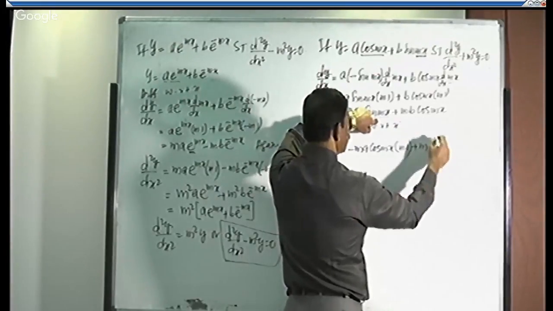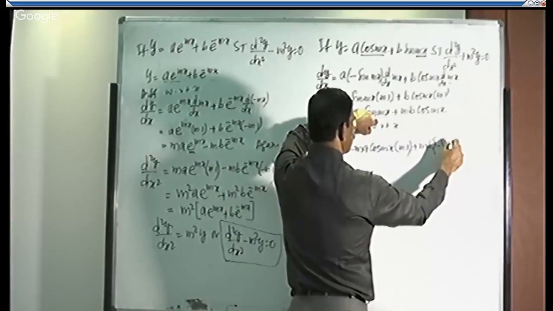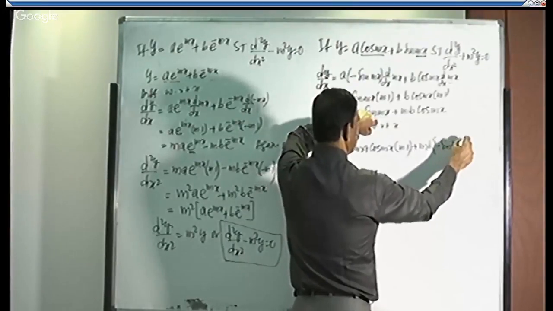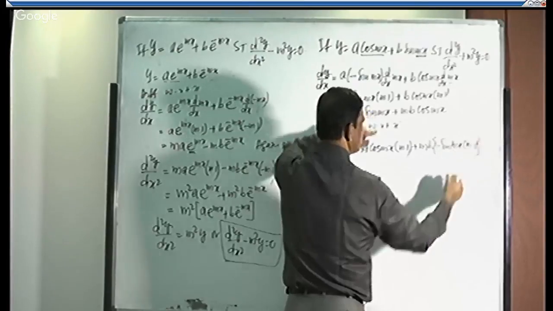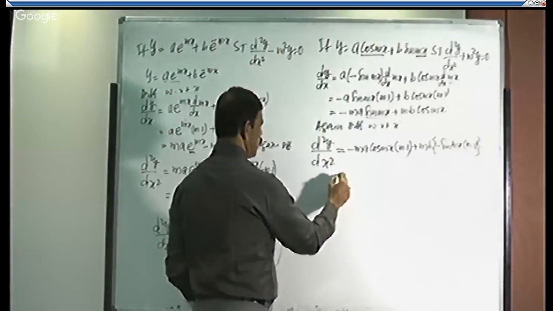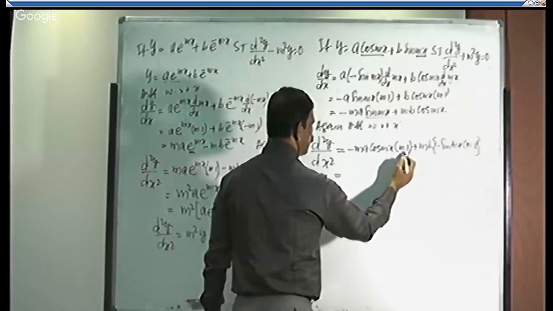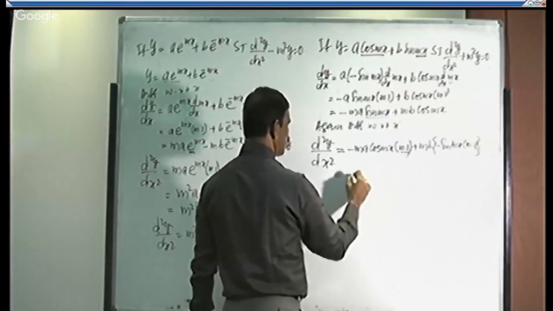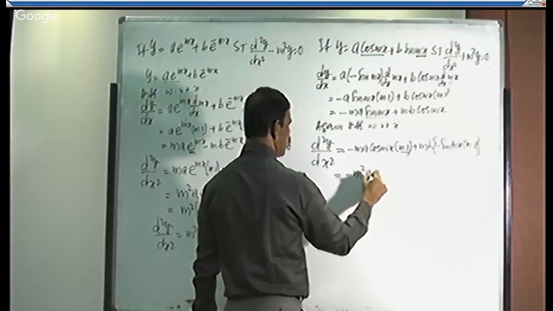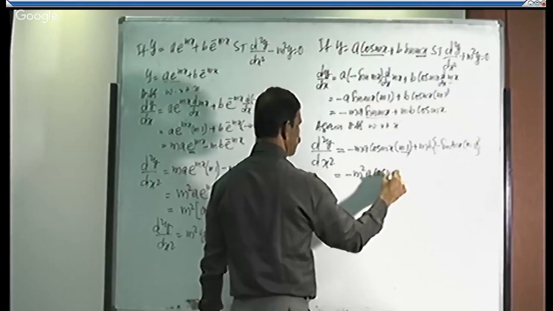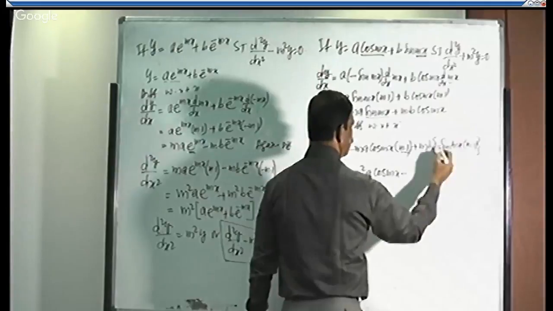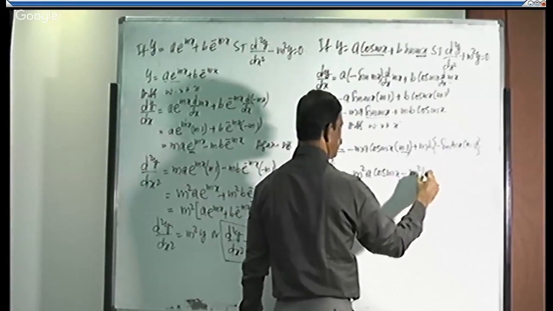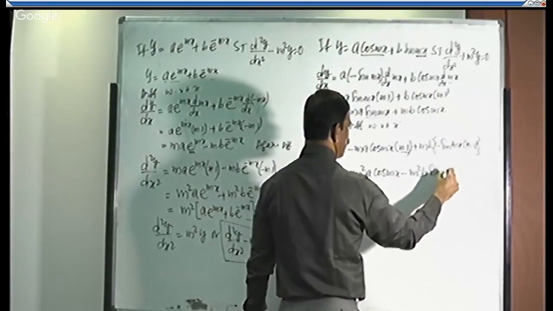Differentiation of cos function is minus sin function into differentiation of function, m into 1. Again, m into 1 is m, into m is m square, so it becomes minus m square a into cos mx plus, into minus m into m, m square b into sin mx.